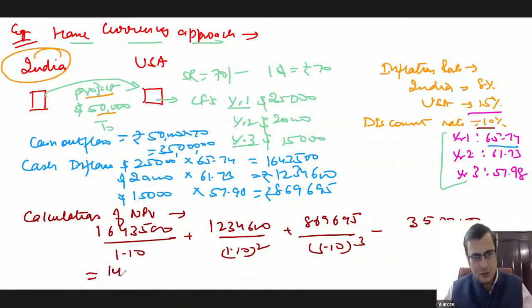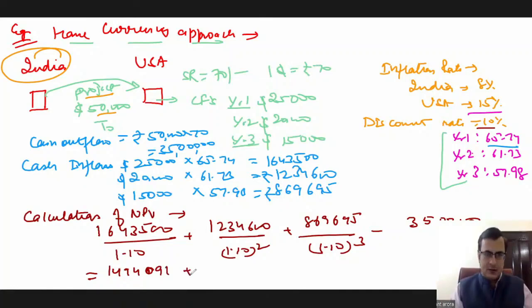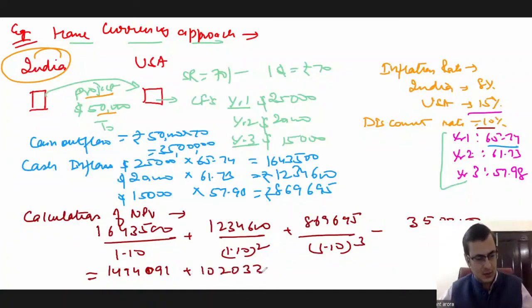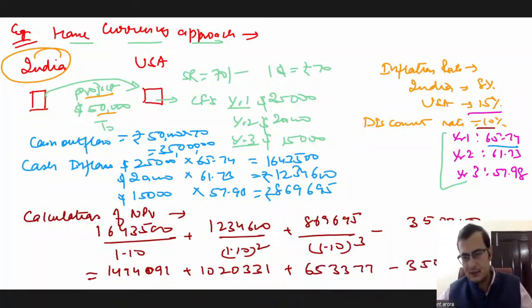This is 1494090, or 91, whatever. 1,234,600 divided by 1.1 divided by 1.1 gives 1020331. 869645 divided by 1.1 divided by 1.1 comes out to be 653,377, minus 35 lakh. So 1020331 plus 1494091.